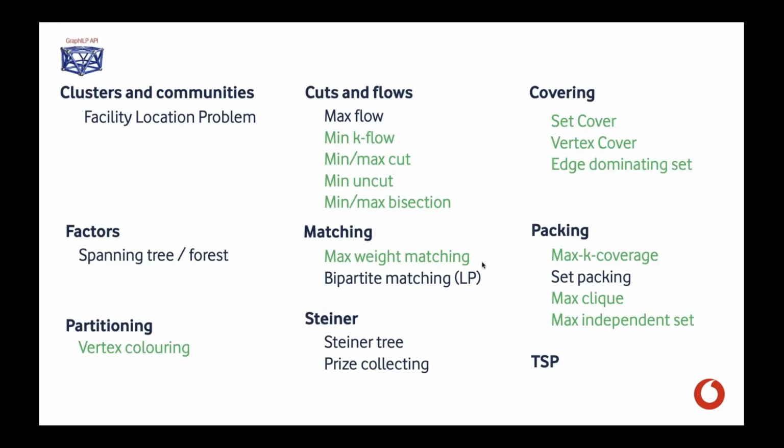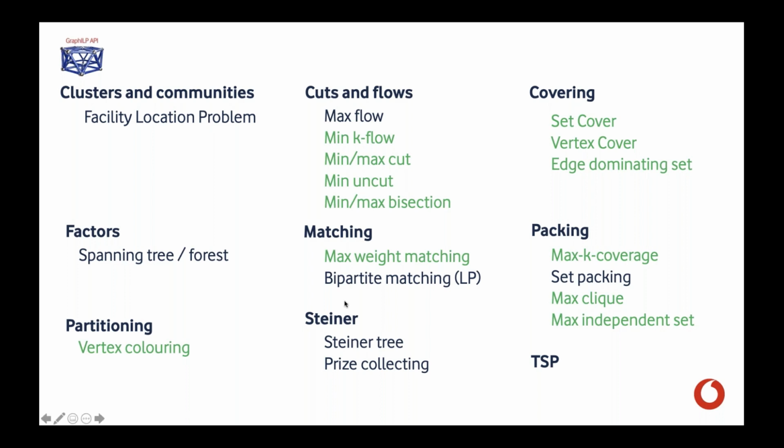We are looking at covering at least the following set of topics that you can see on the slide: things like clustering problems, cuts and flow problems, covering and packing problems, matching problems, factors, and so on. The things marked in green are already implemented, and we are looking at open sourcing that. If this is something you're interested in, I would be happy to hear from you.